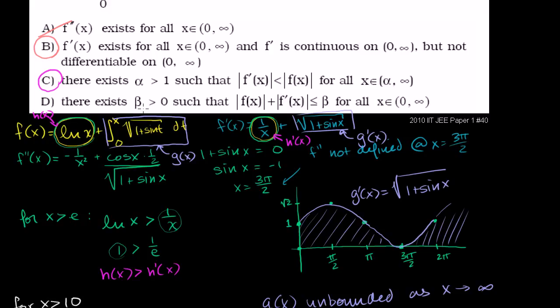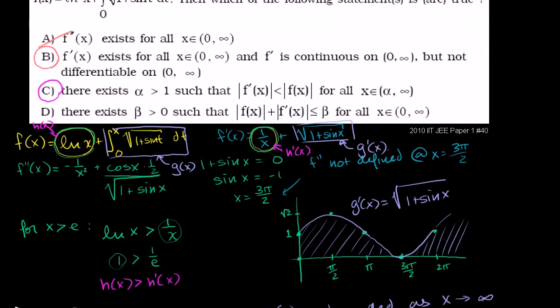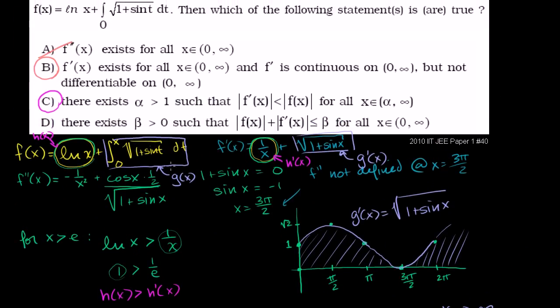There exists a beta greater than 0 such that the absolute value of f of x plus the absolute value of the derivative of f is going to be less than or equal to beta for all x. Well, we already know that f of x is unbounded, because this integral part of it just keeps increasing as x gets larger and larger and larger. We never have negative area. So this area just keeps growing.